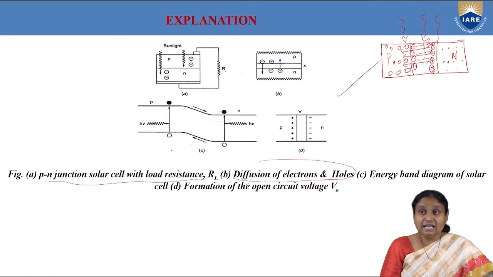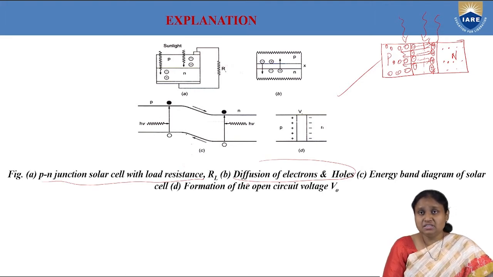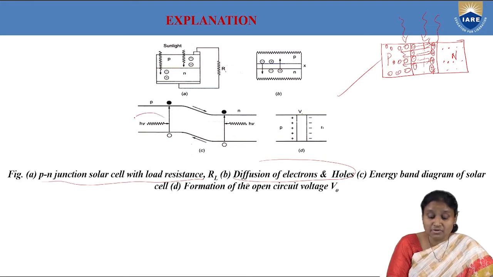Now of course this is our energy band diagram of the p-n junction, and especially our solar cell. As you can make out, this is the p side of the p-n junction and this is the n side. When we are exposing them to sunlight, what exactly is happening? This photon is going to have energy coming from the sunlight, and its energy is greater than Eg.